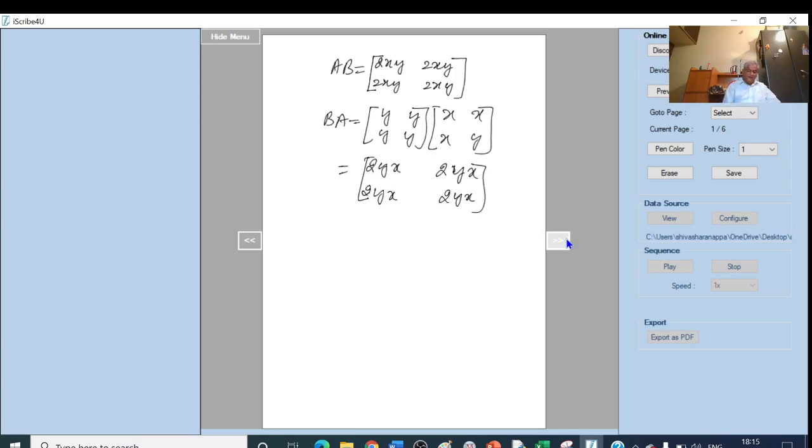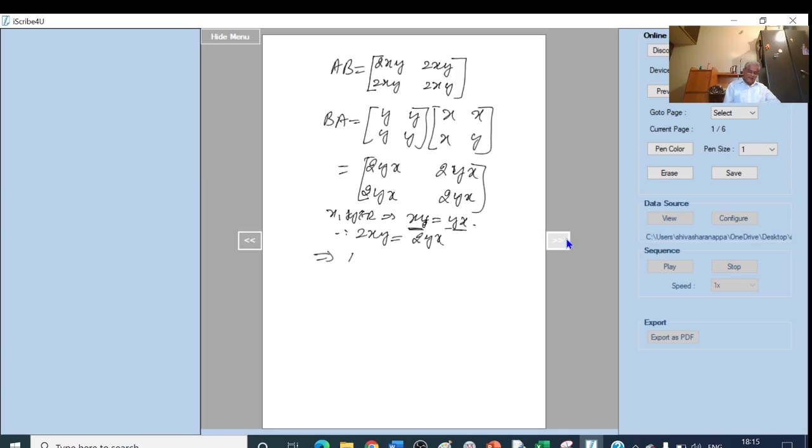Now here, x and y belong to R, so the product xy can be written as yx. Therefore 2xy is the same as 2yx.